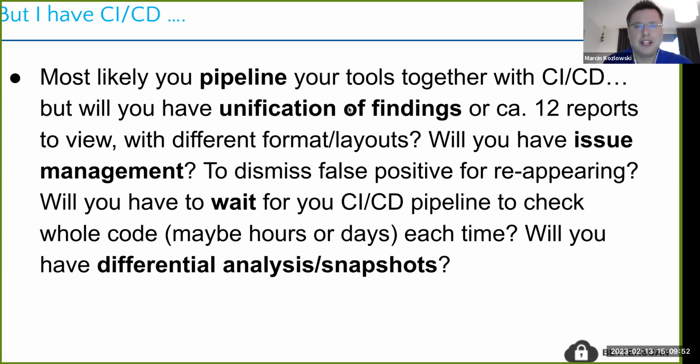Will you have issue management? Can you dismiss false positives from reappearing, or would they always come in those 12 reports? Will you have to wait for the CI/CD pipeline to check the whole code, maybe hours or days each time? We're talking about huge code bases with billions of lines of code, or even more. Will you have differential analysis and snapshot analysis?